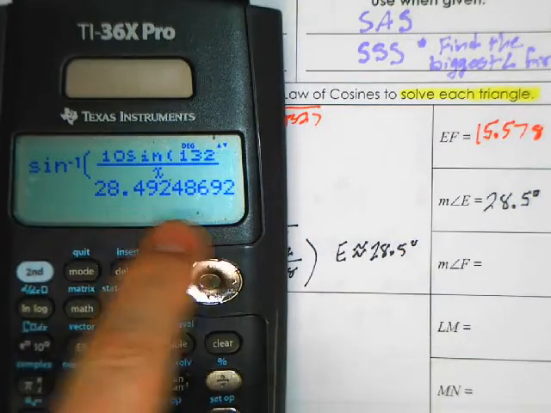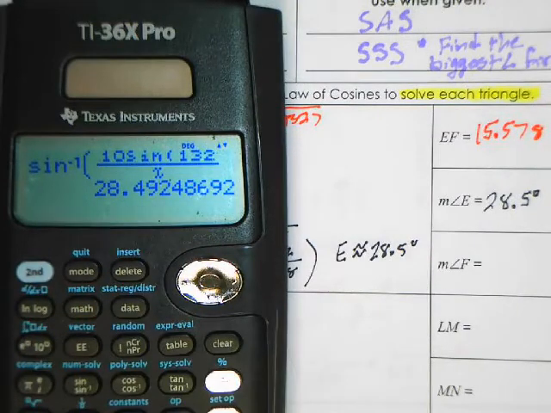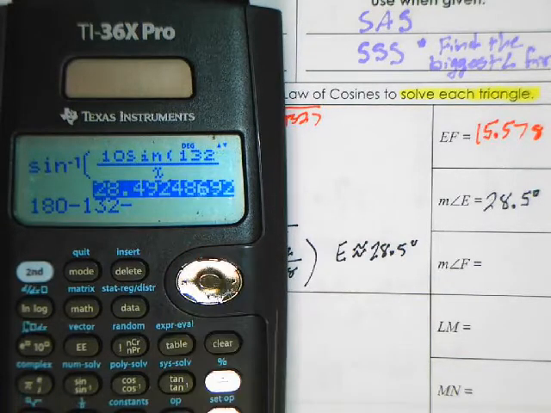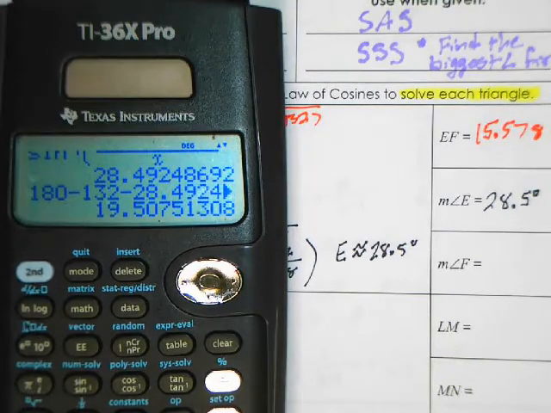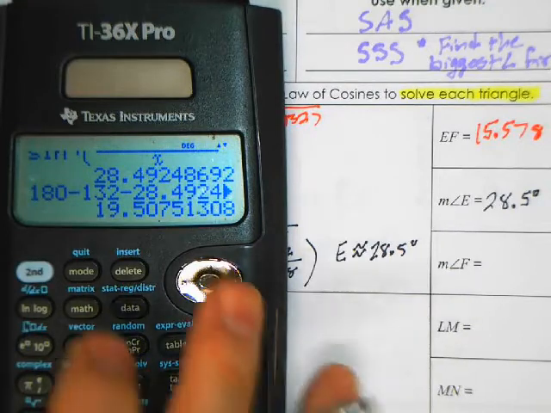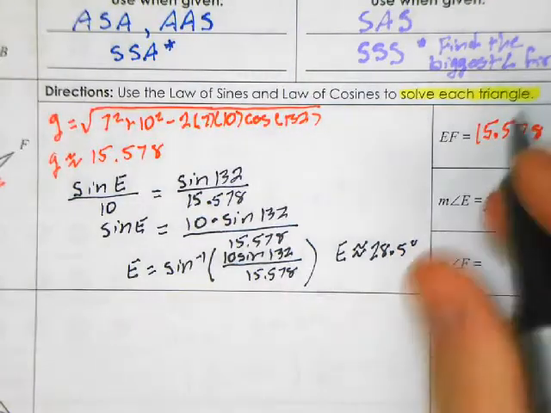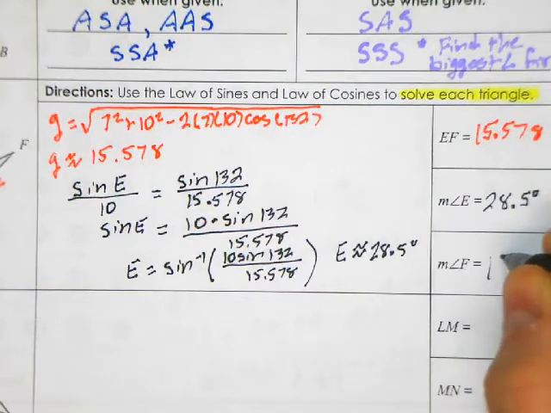I'm going to use the number that the calculator gave me, and I'm going to say 180 minus the 132 that was given to me in the triangle, minus the 28.5 that we got from the law of sines, and I get an angle measurement of about 19.5 degrees.